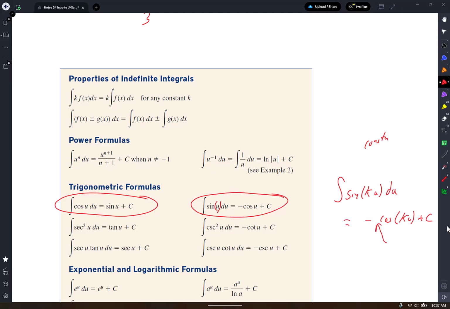Do I put a k in the front or a 1 over k? 1 over k, the reciprocal. Why am I putting the reciprocal? Because of the chain rule when I take the derivative. Negative 1 over k, the derivative of cosine is negative sine, so negative times negative goes away, times k, sine of ku times k, and that will cancel out the 1 over k.